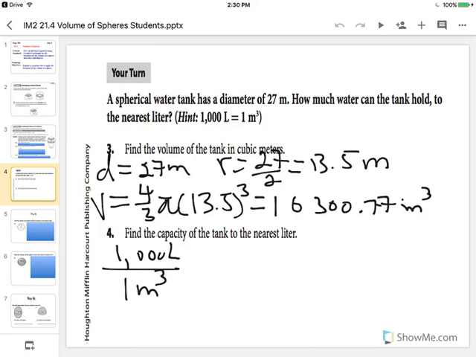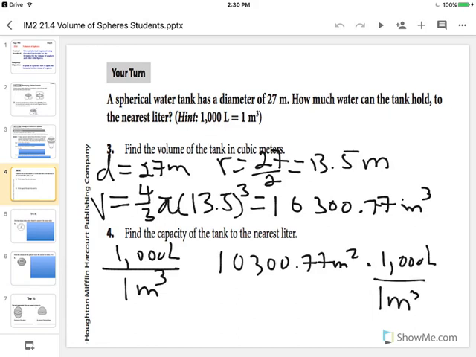This gives us 10,300.77 cubic meters times 1,000 liters over 1 cubic meter. The cubic meters cancel out, and this is in terms of liters.